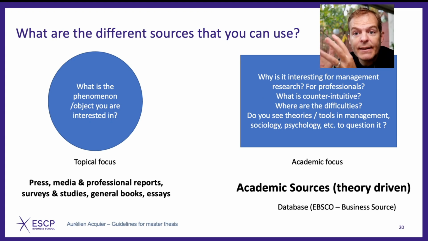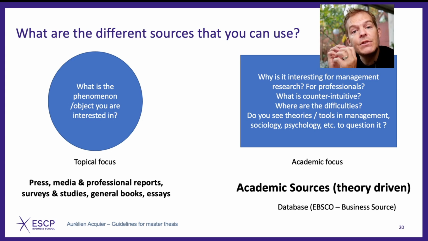We took an example earlier with the article from Juliet Schor. This would be for me an example of a topical article. So surveys, studies, general books, essays, they will help you to get a sense of what you're talking about in terms of the object of research. So it's really related to the first question we tackled, which is what is the phenomenon you're interested in, okay?